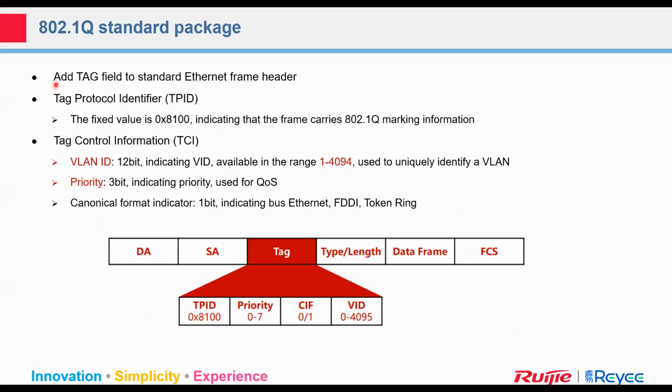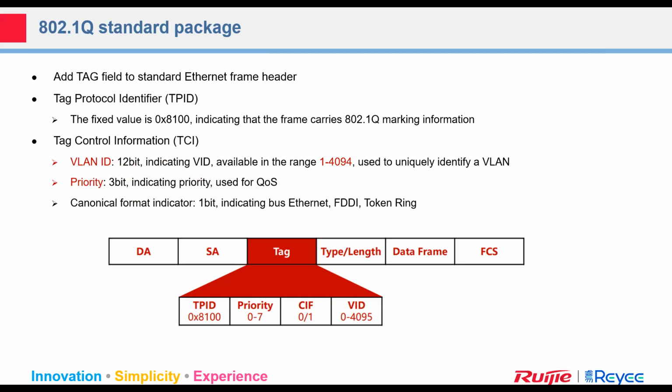So as a standard packet, you can see the TPID value is fixed to 0x8100, which indicates that the frame carries 802.1Q marking. Under the TCI, tag control information, there are a few fields that can be stored. One is the VLAN ID, which is a 12-bit VID.